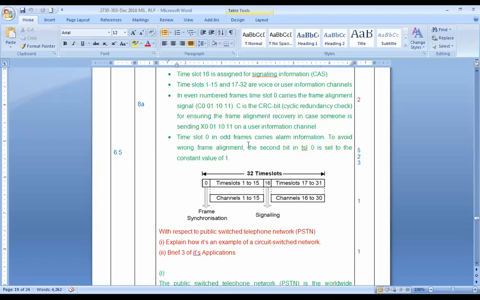So the second bit is set to a constant value of 1. Basically, you should understand that when we are passing information from one end to the other, there are a lot of algorithms, a lot of optimizations, a lot of calculations that happen, right?